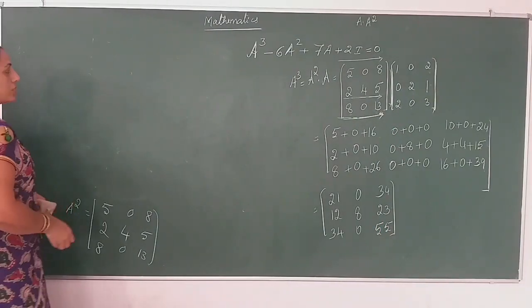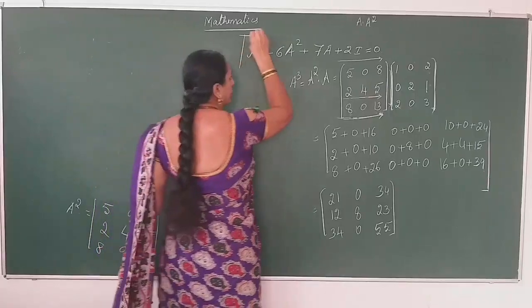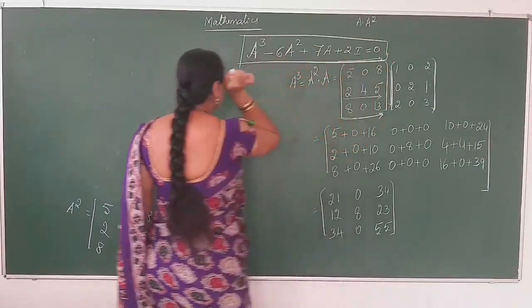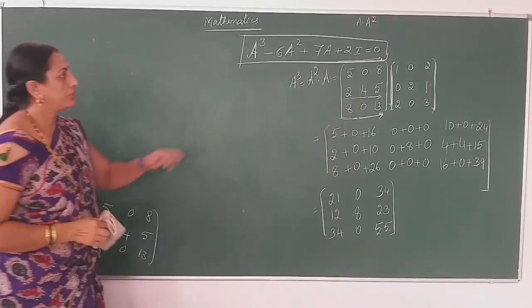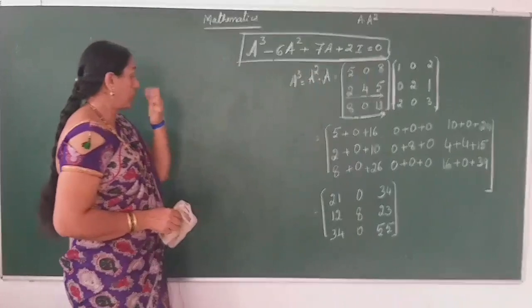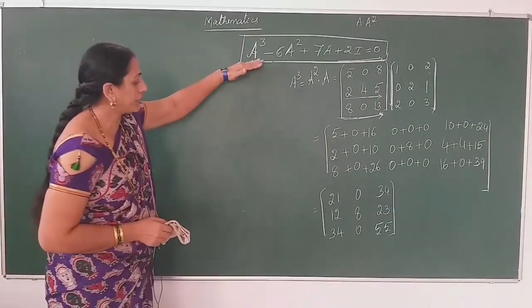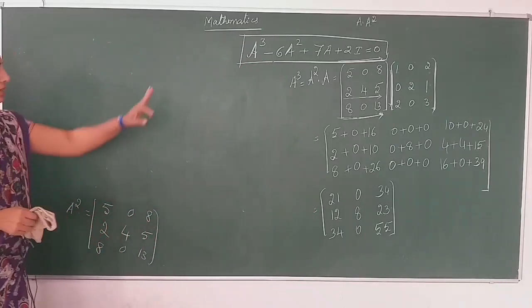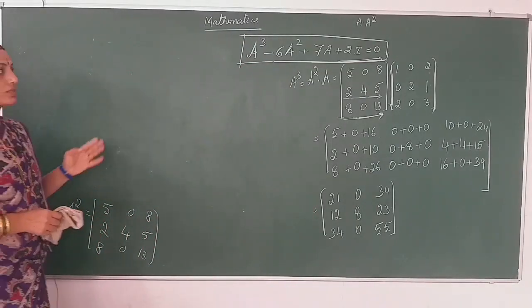Consider the LHS of the given equation. In the given problem, we need to prove that A cube minus 6A square plus 7A plus 2I is equal to 0. I already solved for A cube, A square, and A is one of the given matrices.